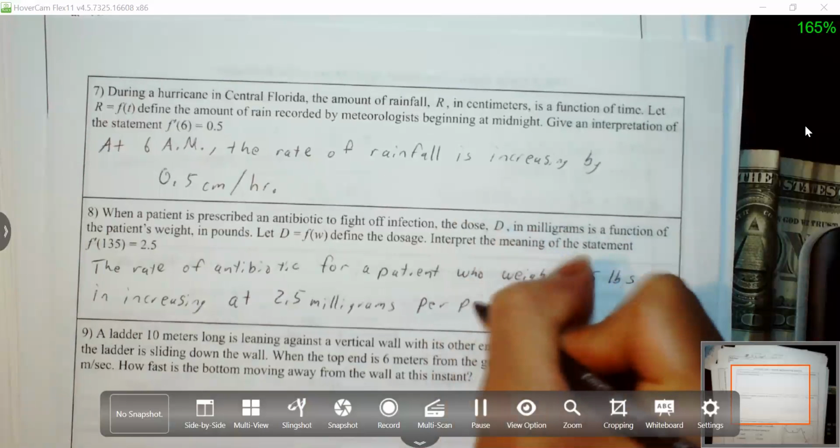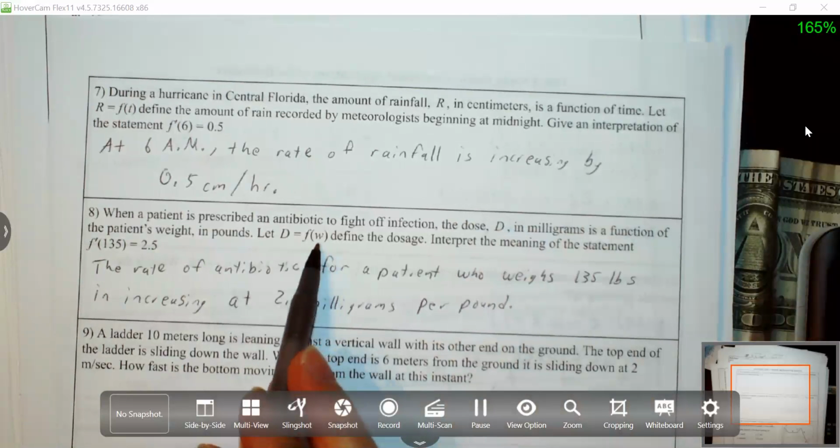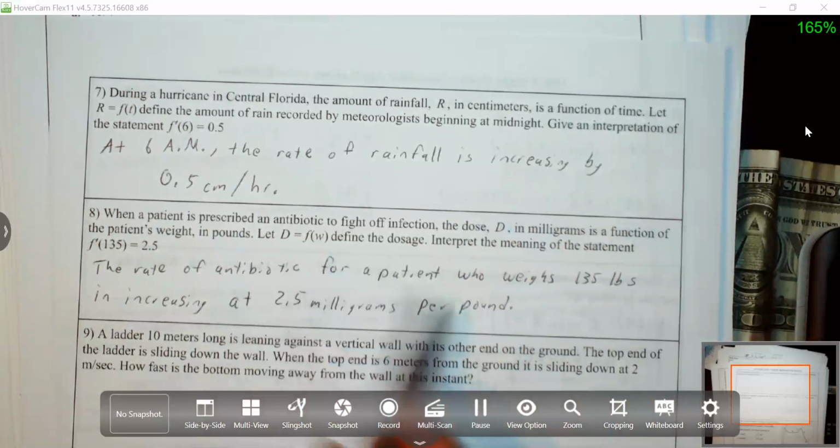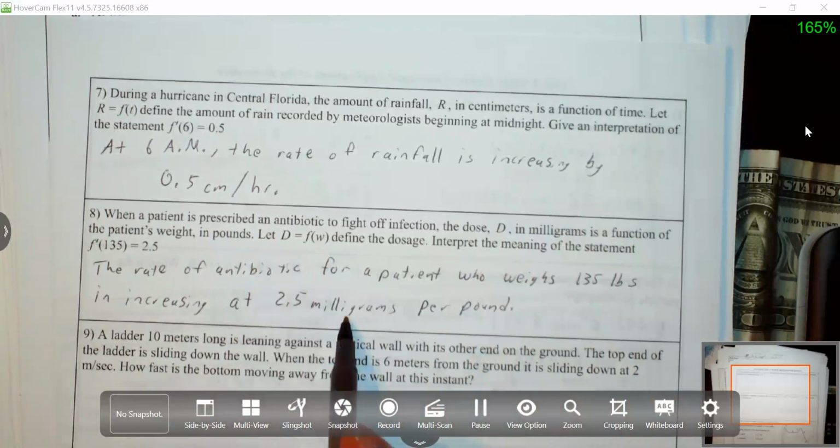Okay, so please note that W is our input variable, which is pounds, right? And our output variable is D, which is milligrams, so we're increasing at milligrams per pound.